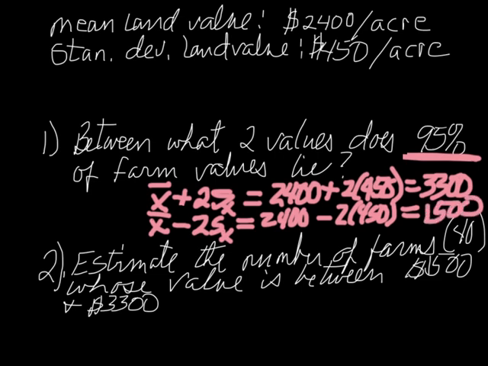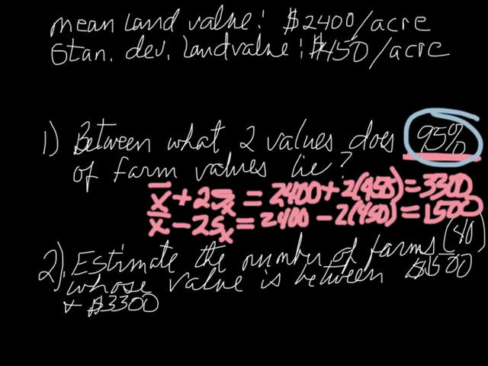And so, between what 2 values does 95% of the farm values per acre lie? Well, between $1,500 per acre and $3,300 per acre. So that's one of the questions that you want to use. Next question is, it says estimate the number of farms out of 40 farms whose value is between $1,500 and $3,300. Well, we just figured out that that's 95% of all farms.